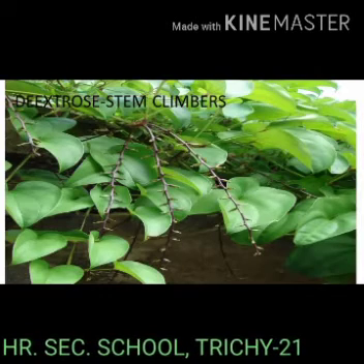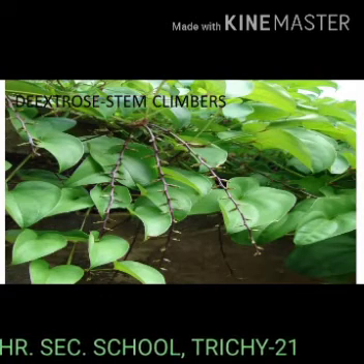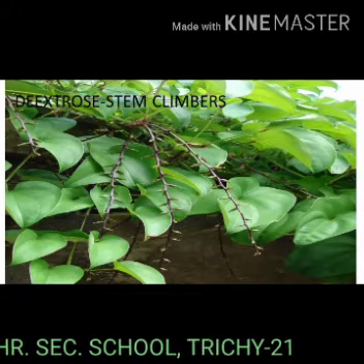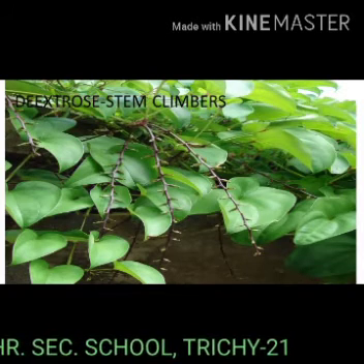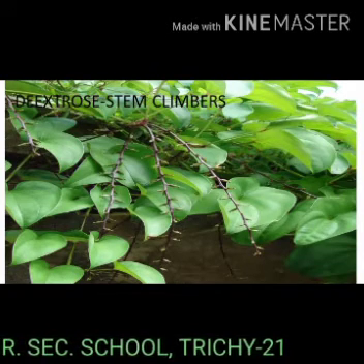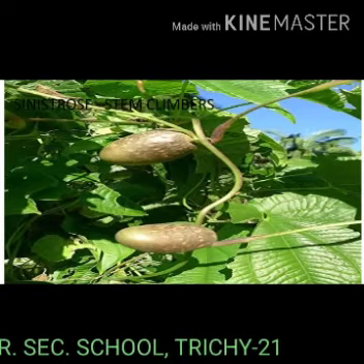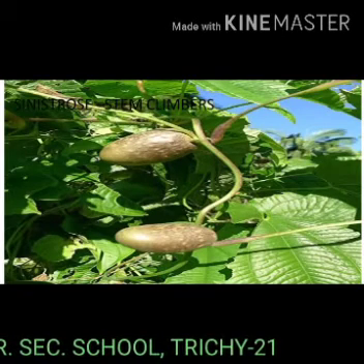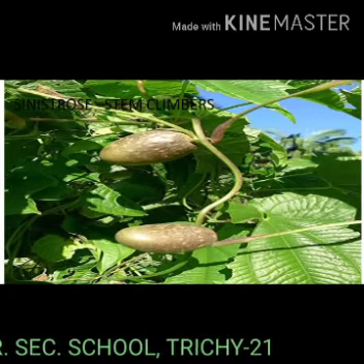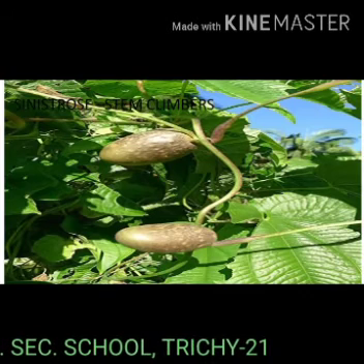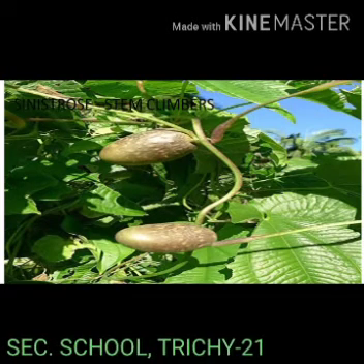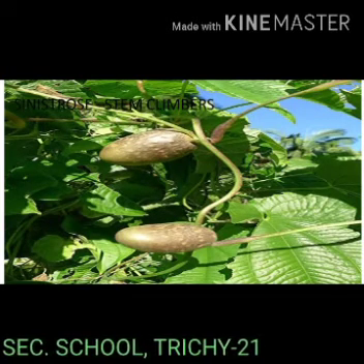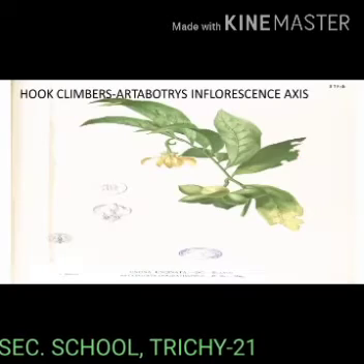Clockwise coiling climbers are called dextrorse. Example, Dioscorea alata. Anti-clockwise coiling climbers are called sinistrorse. Example, Dioscorea bulbifera.